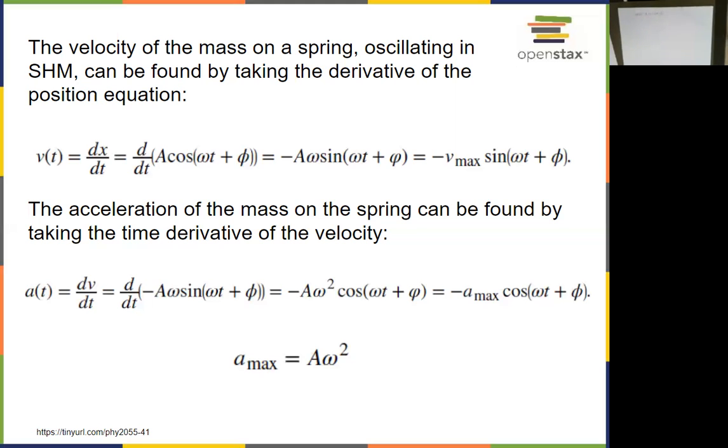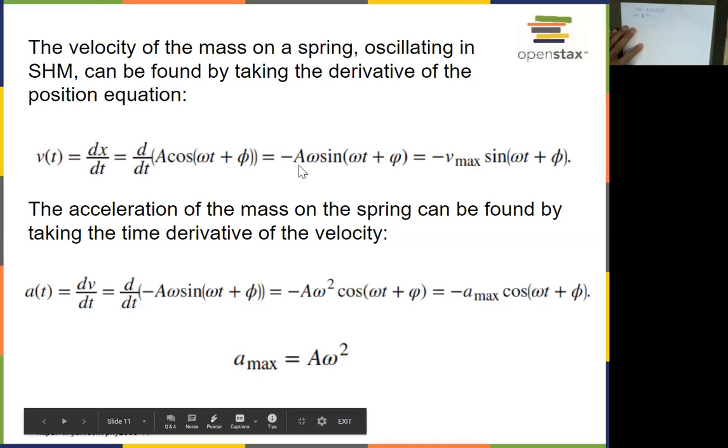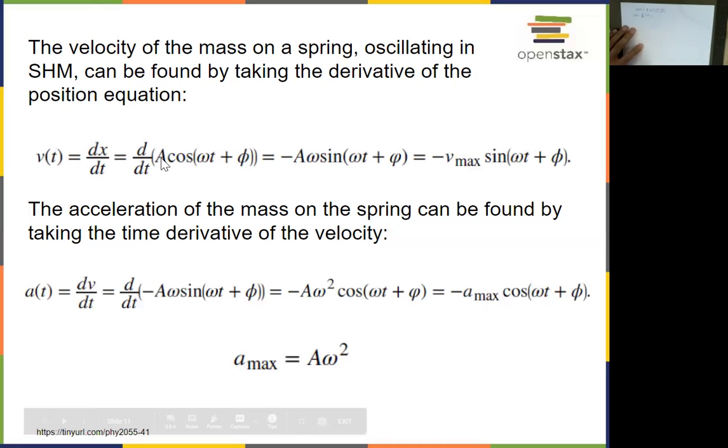Then for the velocity of the mass, you know that velocity is the time derivative of the position. So we take the time derivative of this. The constant A, the amplitude, remains.